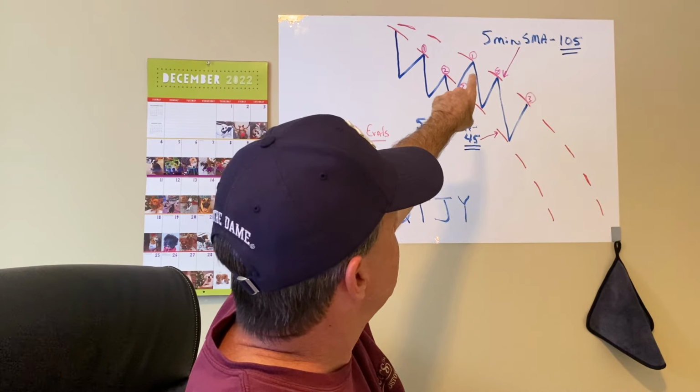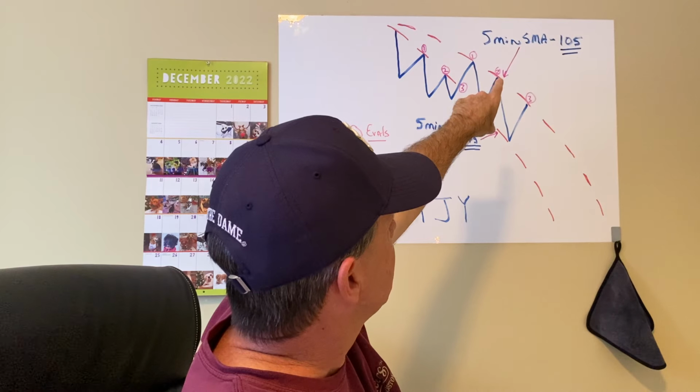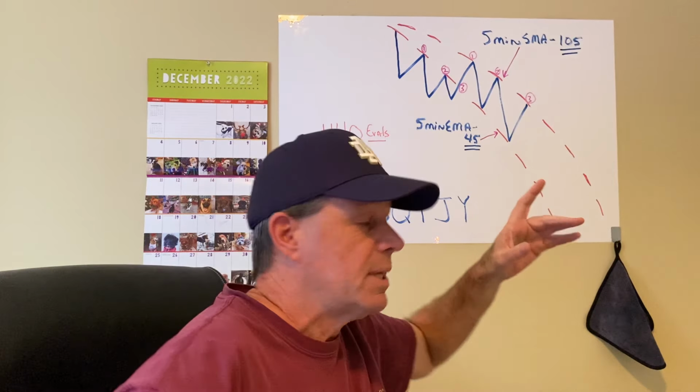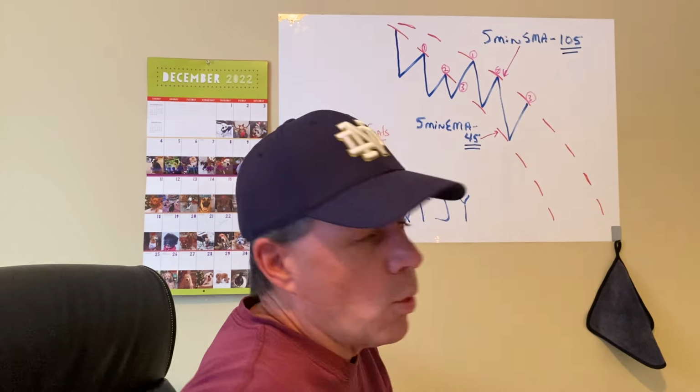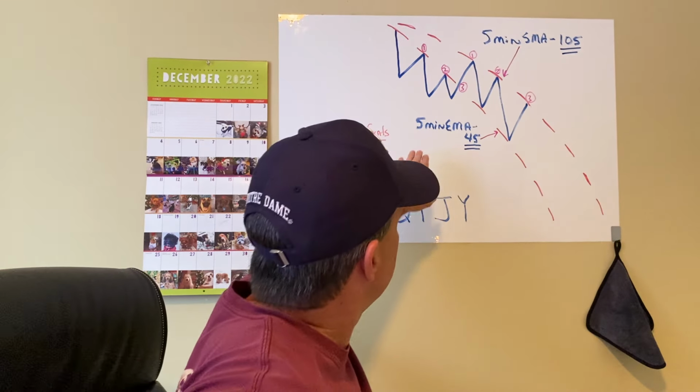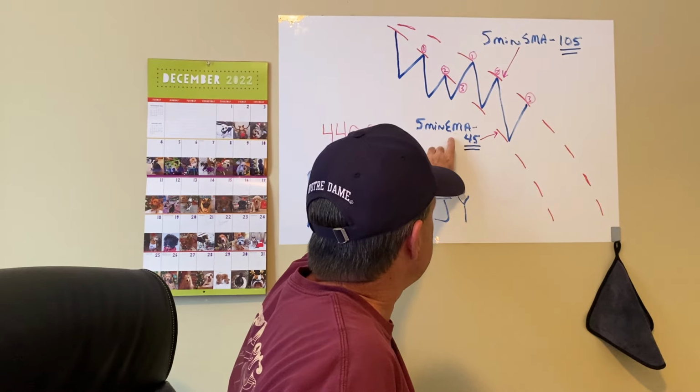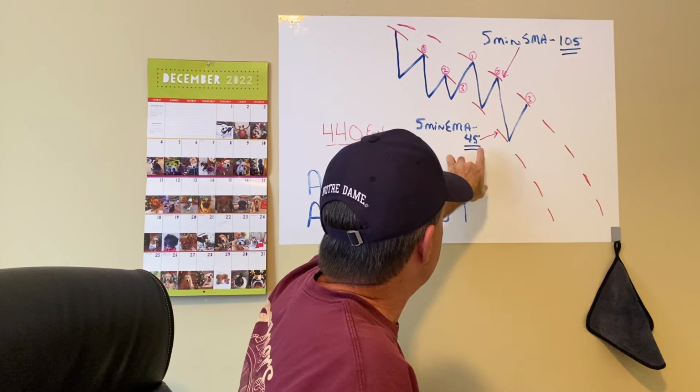The 5-minute SMA, the red line, has a setting of 105 on your 1-minute. And your 5-minute EMA, which is your gold line on the 5-minute, has a setting of 45 on the 1-minute chart.